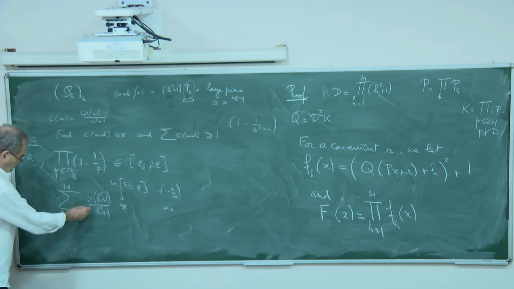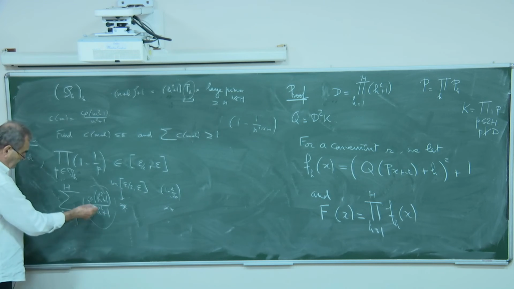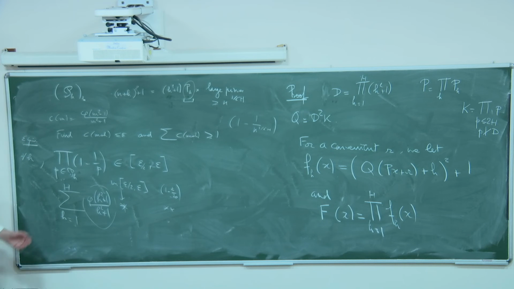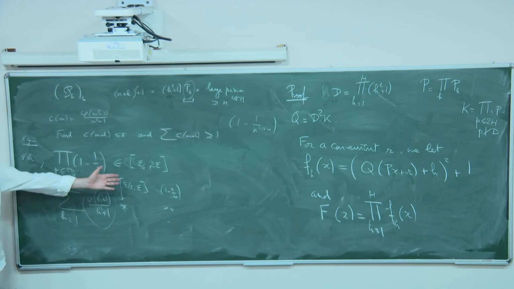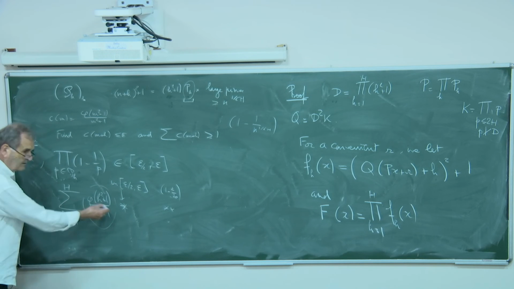But when you sum, this is something which is fixed. So this goes out in some way, and this is something which is fixed and which is about a constant times H. So if H is sufficiently large, this will be larger than 1. Essentially, H has to be something like 1 over epsilon, a bit more than 1 over epsilon, because this constant will be small.